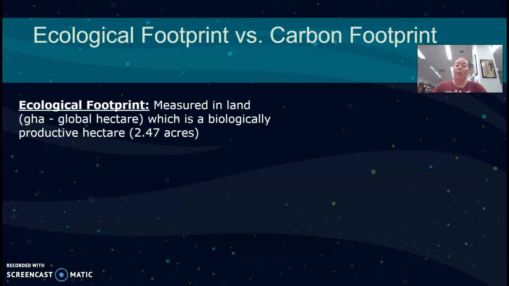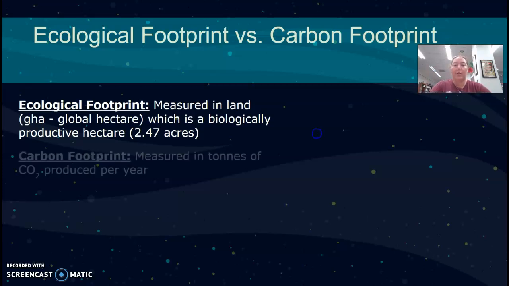That is our ecological footprint. So when you do the activity, it's going to tell you that you use X amount for your food. It's going to tell you how many Earths you use. Based on how much resource, how many Earths do you use up if everyone lived like you do?